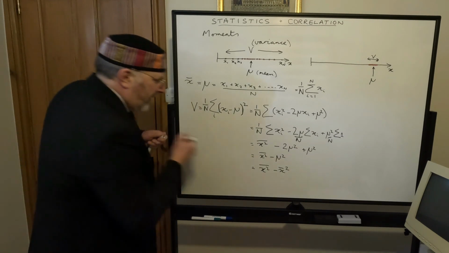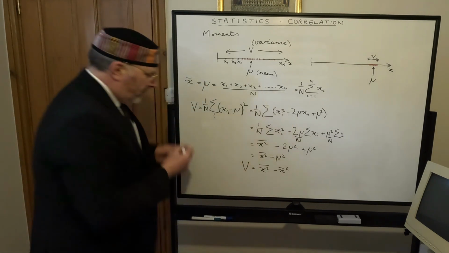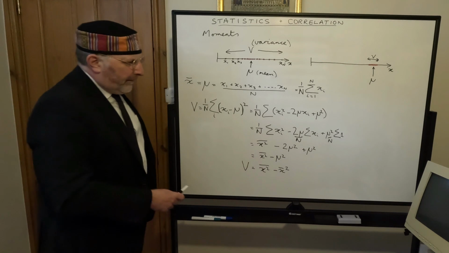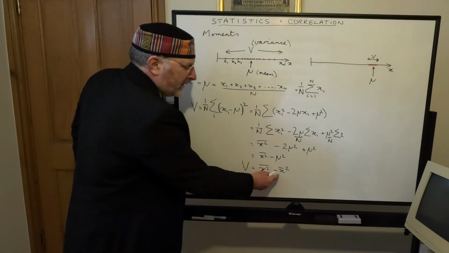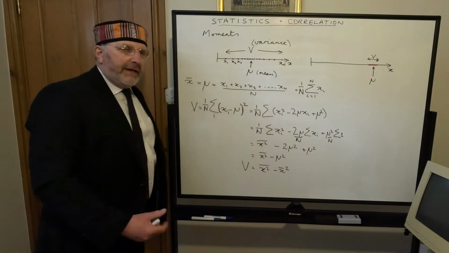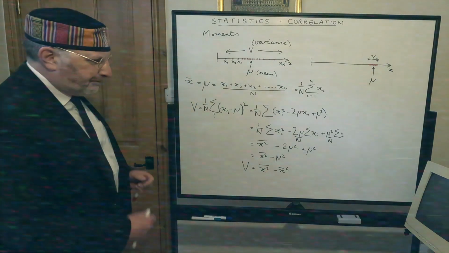So that is the variance. It's a simpler way of calculating it. We just find the average of the x squareds, and then we take away the square of the average, or the mean of the x.